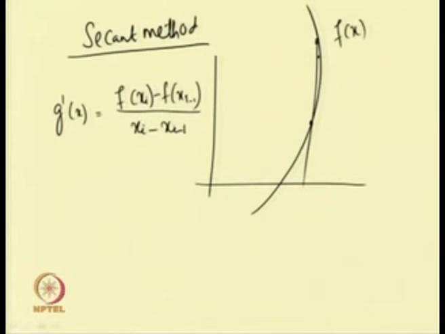So, we have taken this first point, this is x I minus 1, and this is x I. Now, our objective is to find this point, x I plus 1. On this curve we have taken 2 points, x I and x I minus 1. These 2 points can be joined by a straight line. That is the secant.